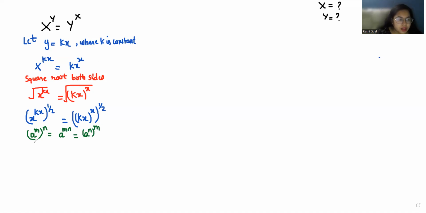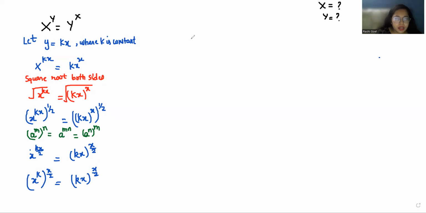It becomes x power kx by 2, or kx power x by 2. Again, I'm going to use this rule. So we can write this as x power k power x by 2 is equal to kx power x by 2.